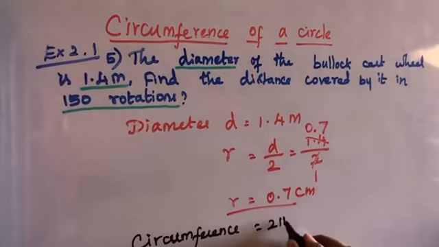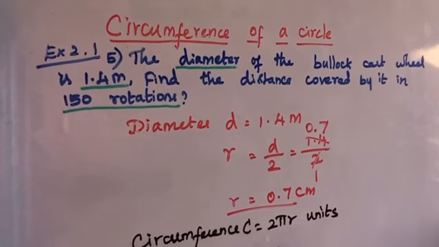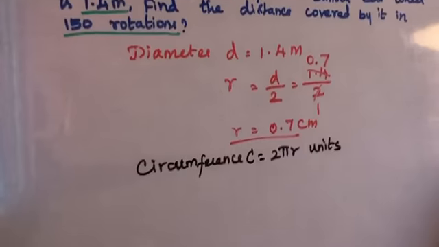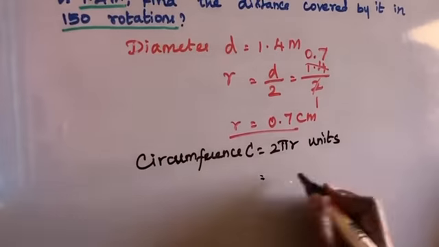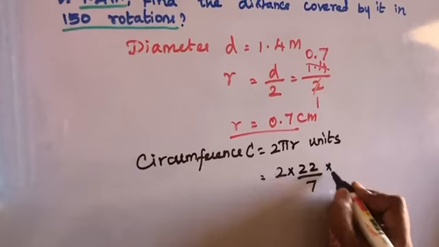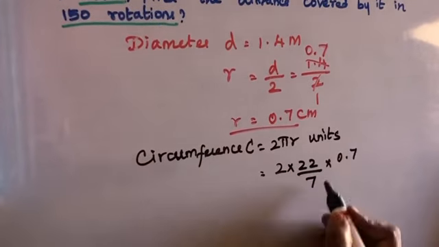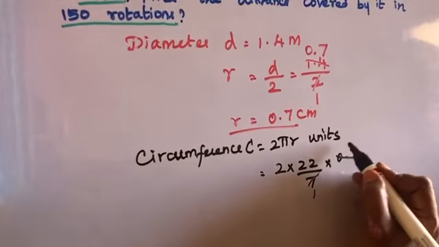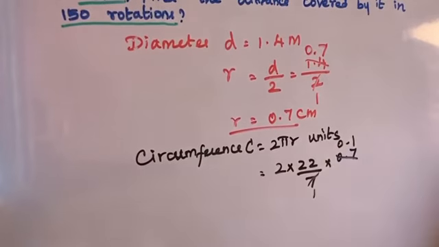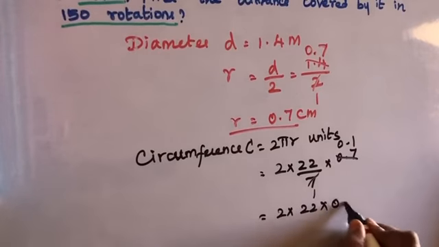So the circumference C is equal to 2 into pi, which is 22 by 7, and r is 0.7. Shall we cancel? 1 7 is 7. So 0.1 times. Now we have to multiply 2 into 22 into 0.1.